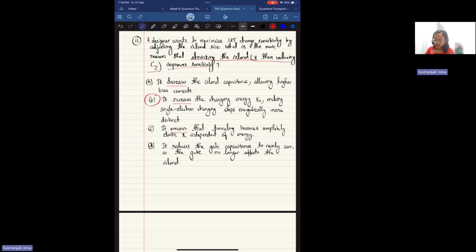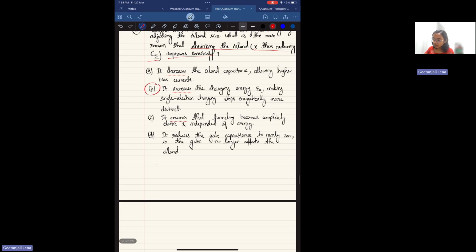The reason is that E_C is e square by 2 C sigma. So when we shrink the size, that means we are decreasing the total capacitance. So this will increase the charging energy. An increase in the charging energy means we will see a sharp Coulomb blockade oscillation.